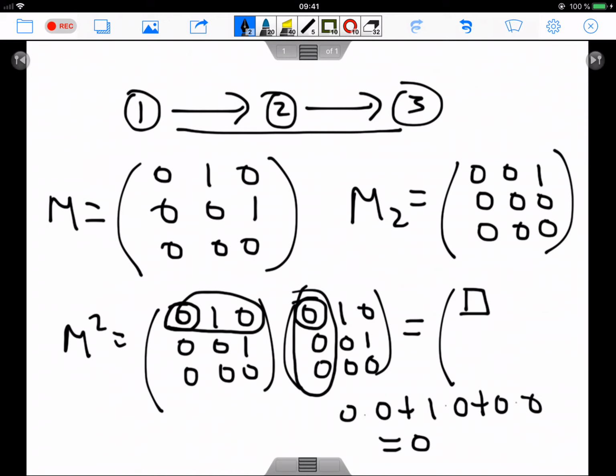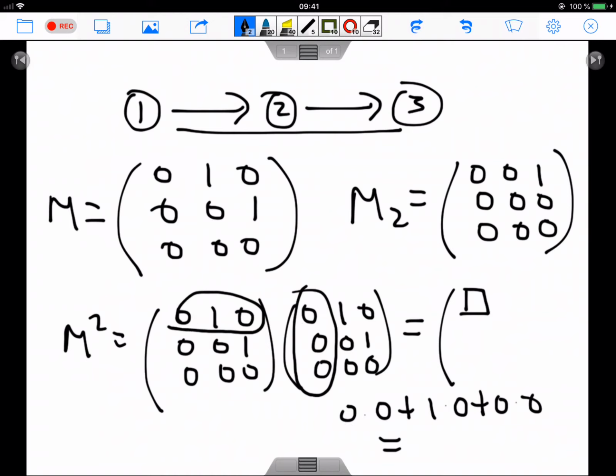If we had a loop here, then we would have a 1 in those positions, and this multiplication would give us 1, because combining two loops at vertex 1 gives us a path of length 2 from 1 to 1.